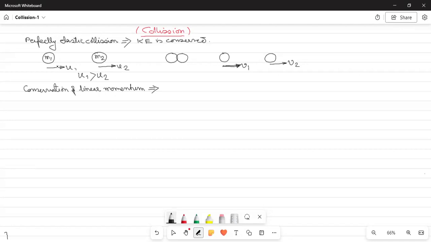The momentum at the beginning was m1 u1 plus m2 u2, and the momentum after collision was m1 v1 plus m2 v2.